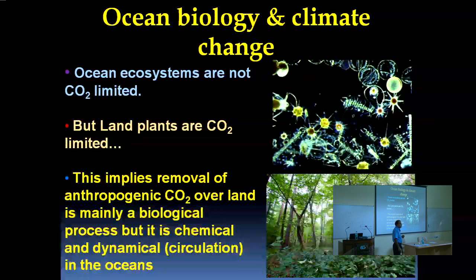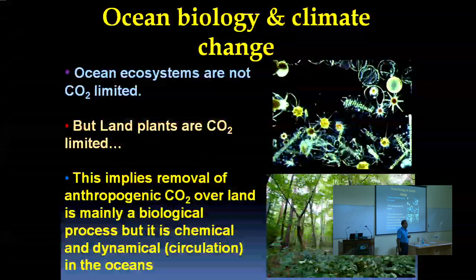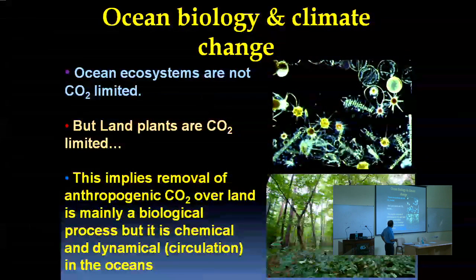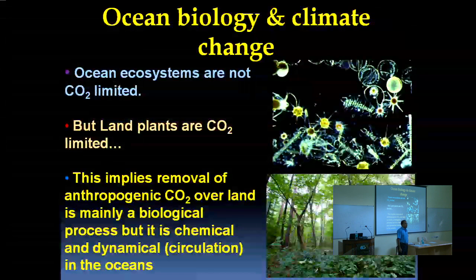That's why photosynthesis can proceed faster over land under elevated CO2, but not in the ocean. So this implies removal of CO2 over land is mainly a biological process, but it is chemical and of course physical in the ocean. So biology is not going to help; that's the message.